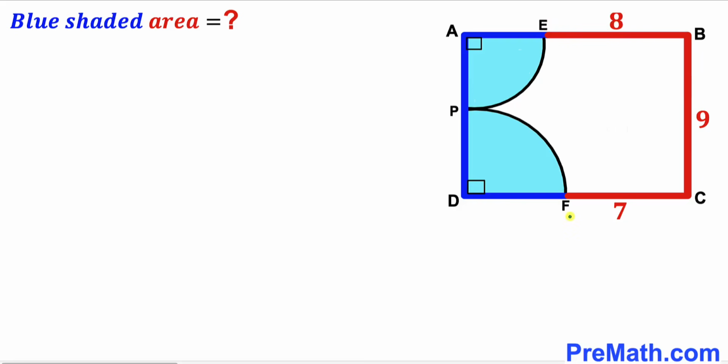And finally, this horizontal FC length is 7 units. Our task is to calculate the area of this blue shaded region, this area and this area combined.